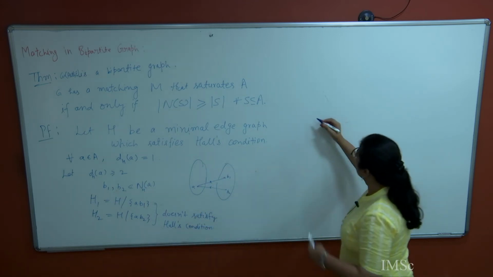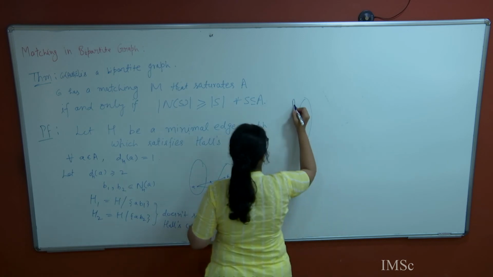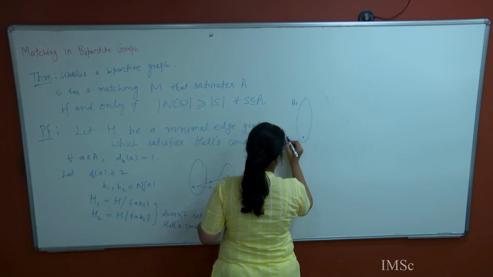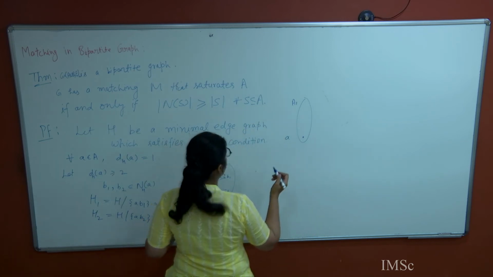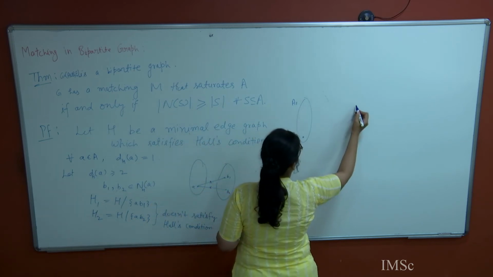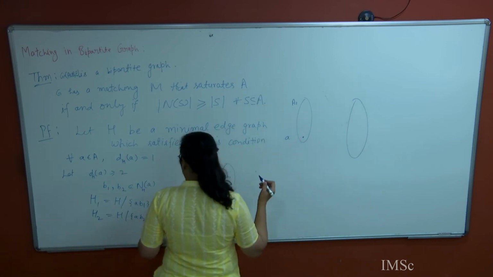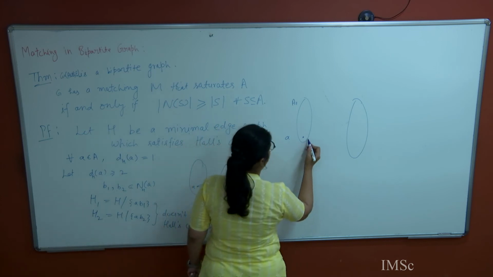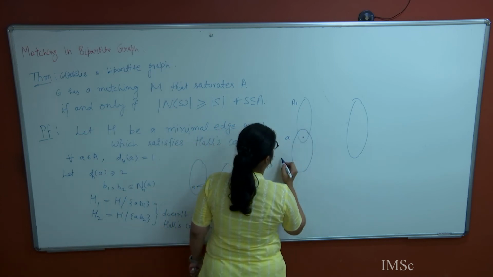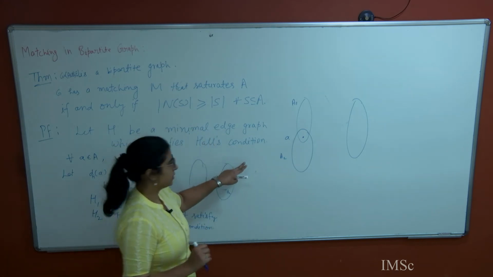So, let us look at some subset A1 which contains A, and say this is its neighborhood, and for H2 as well we have some set A2, and A is common in both sets.